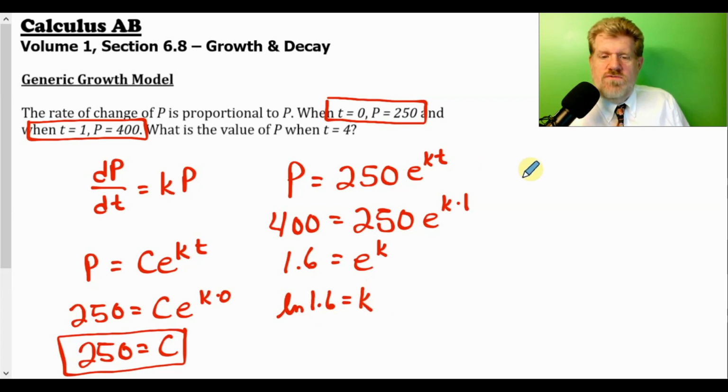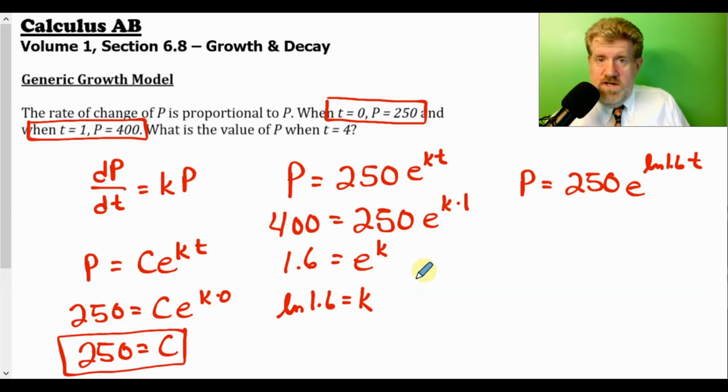So our equation really is p equals 250e to the natural log of 1.6t. There's our equation.